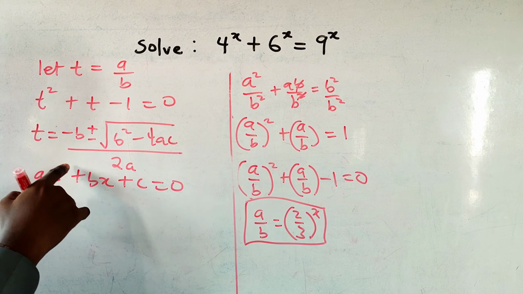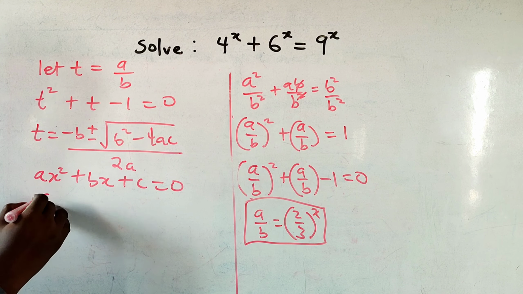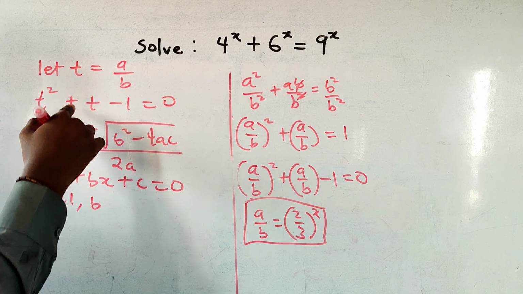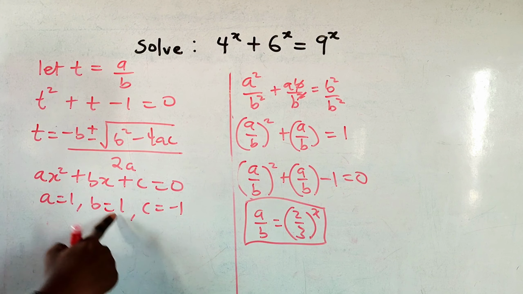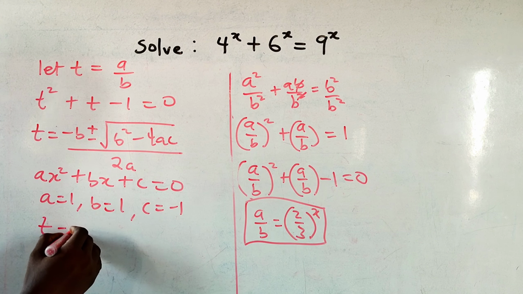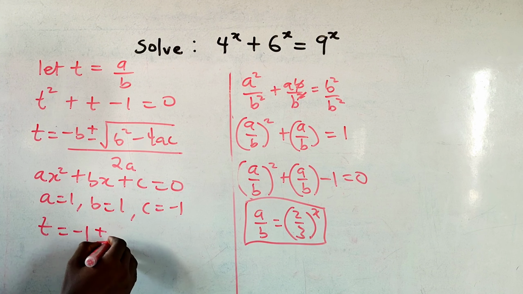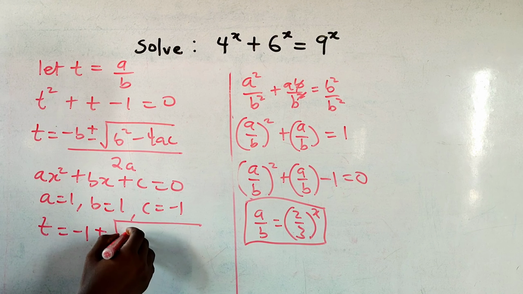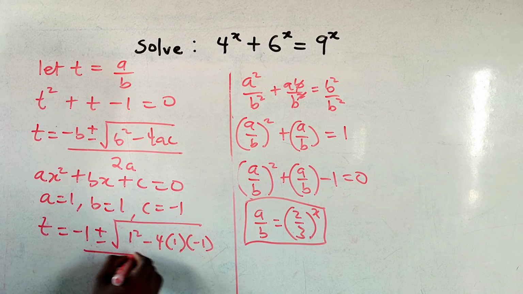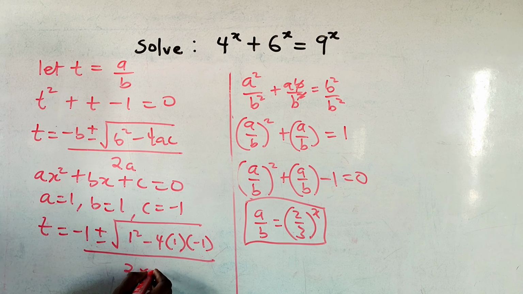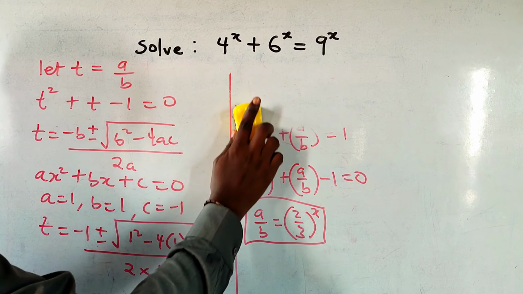So your a will be the coefficient of t squared, which is 1, your b is the coefficient of t, which is 1, and your c is the constant, which is minus 1. So we're going to plug all of this in. So t is minus 1 plus or minus the square root of 1 squared minus 4 times 1 times minus 1, all over 2 times 1. All right, so let's get rid of this again.